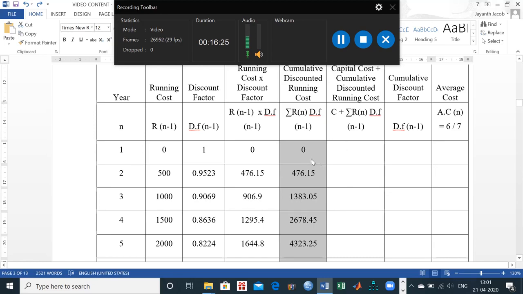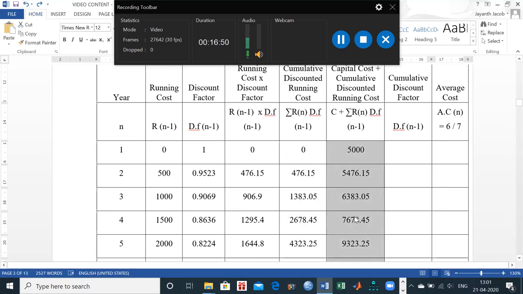The capital cost is 5,000. 5,000 plus 0 should be 5,000. Then 5,000 plus 476.15. Then 5,000 plus 1383.05, so that should be 6383.05, and so on. That's the capital cost plus the cumulative discounted running cost in this table.